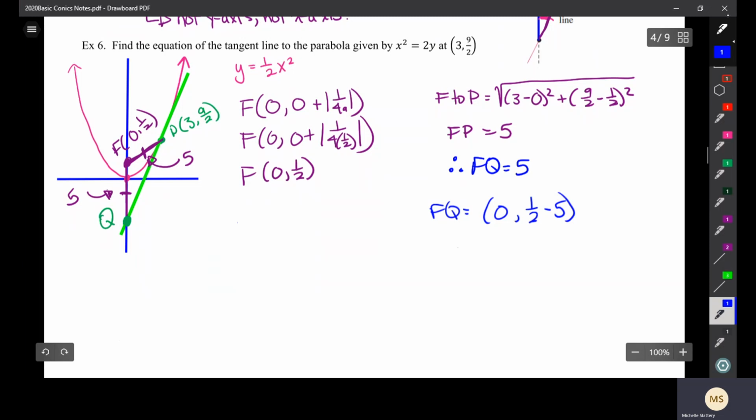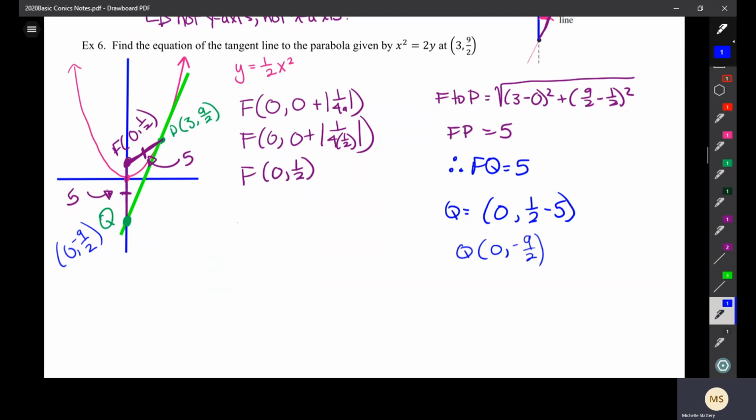And when I do that, I get that, oops, hold on. I wrote that as FQ. I'm just trying to find point Q. So point Q now is at 0, -9/2. All right, so point Q, 0, -9/2.